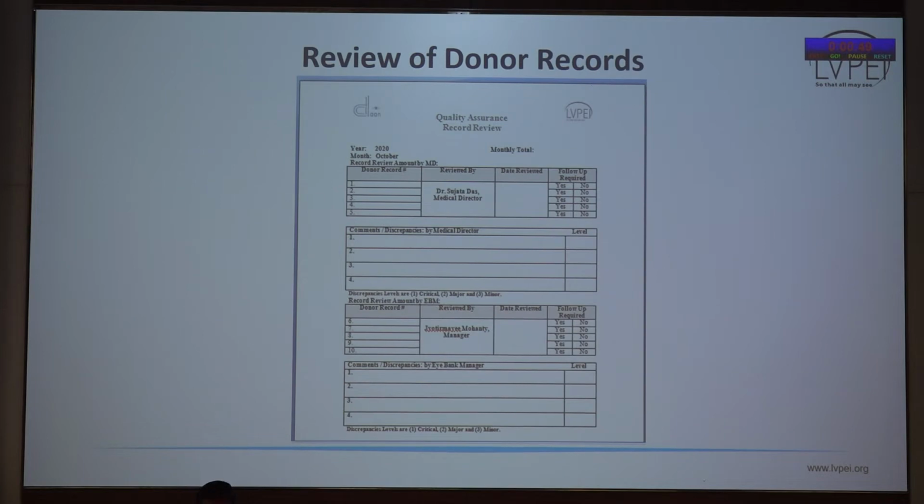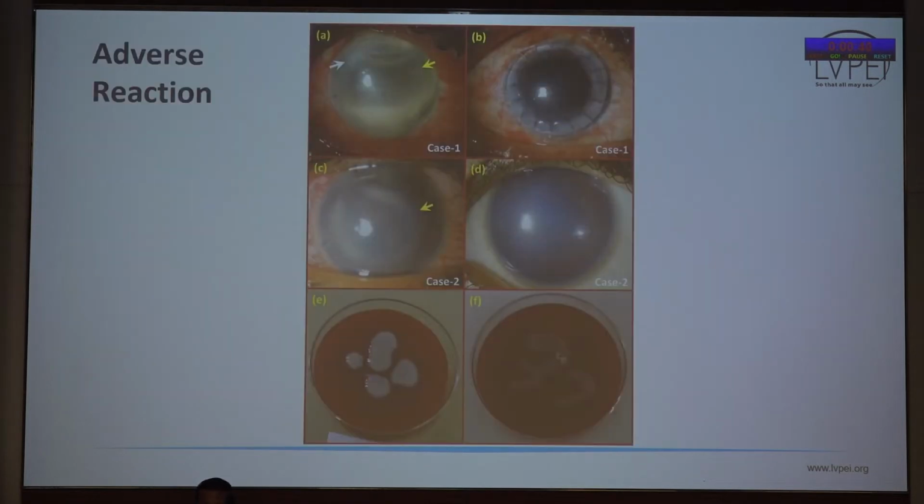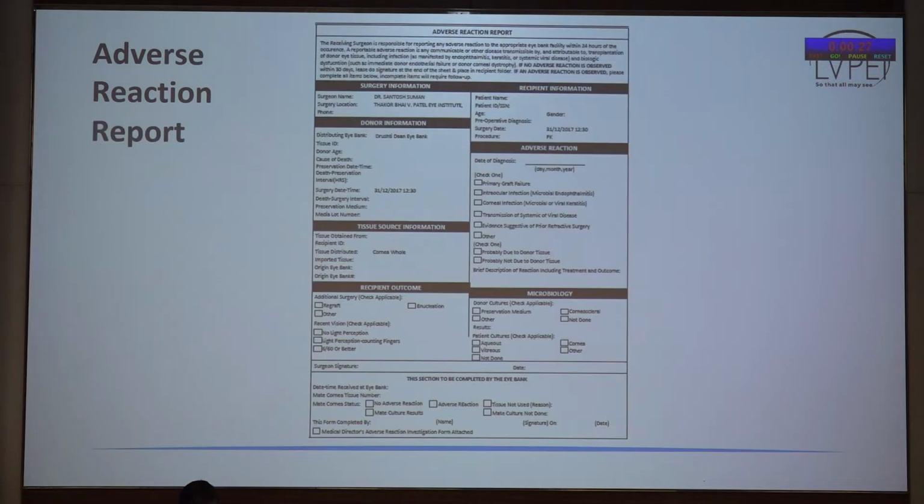So this is the format we use for donor requirement. Anything is divided into major or minor, and what action you take for that. This is an example of an adverse reaction. You can see this is immediately after surgery. Corneoscleral rim culture is not part of the process in most places, but ideally it can be kept. This is not a big thing.